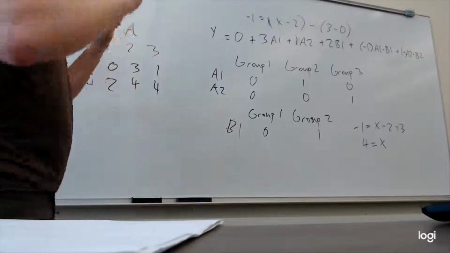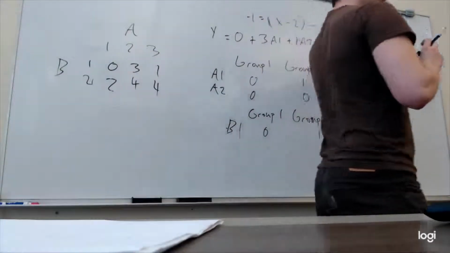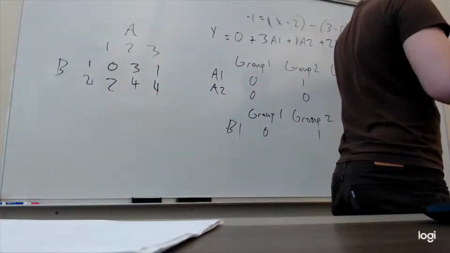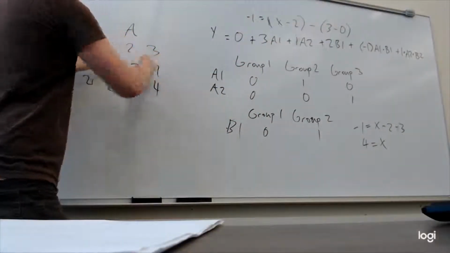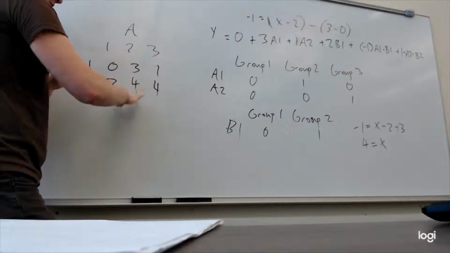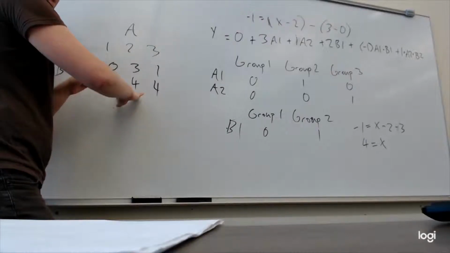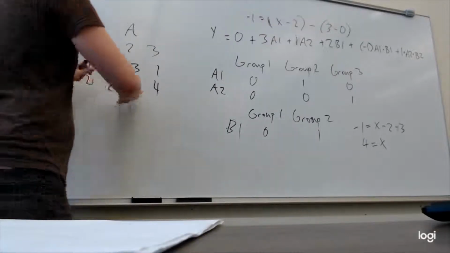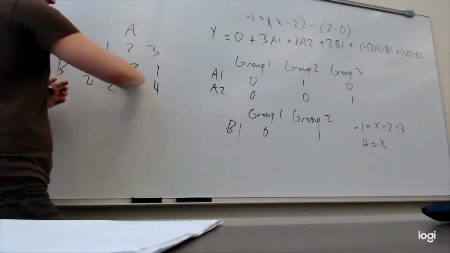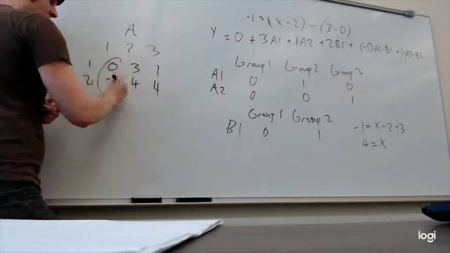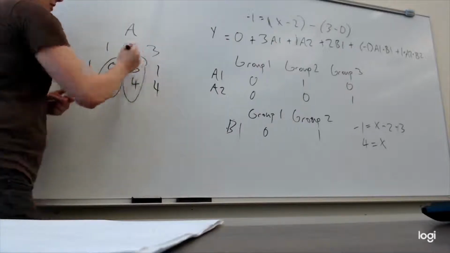So again, these interactions, these product terms, they're differences of differences. It's how does the difference between, say, these two numbers compare to the difference between these two numbers? It goes down by 1. Or how does the difference between these two numbers right here compare to the difference between these two numbers?